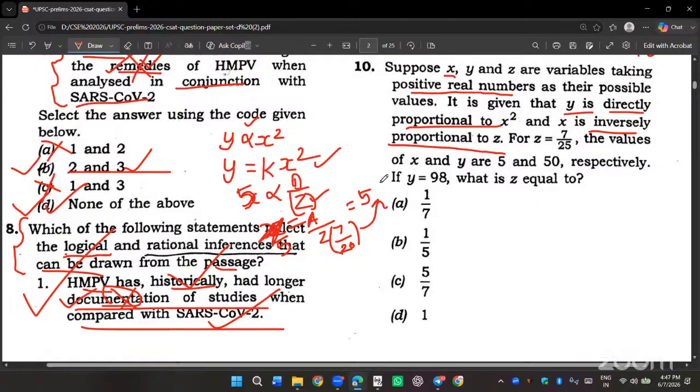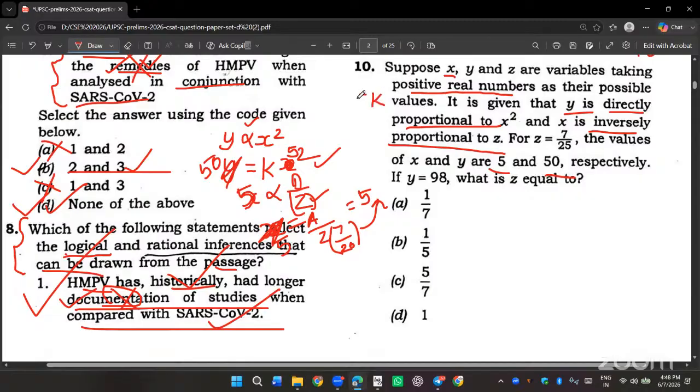When I send this to this side, I will get the value of A. Next, when I substitute the value of Y as 50 and X as 5, because they have given 5 and 50, then 5 will come this side.